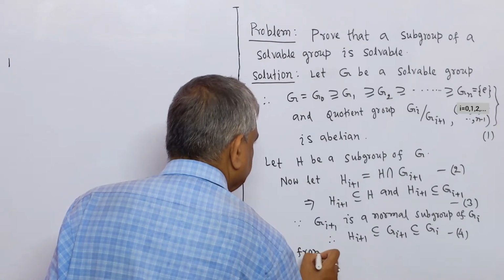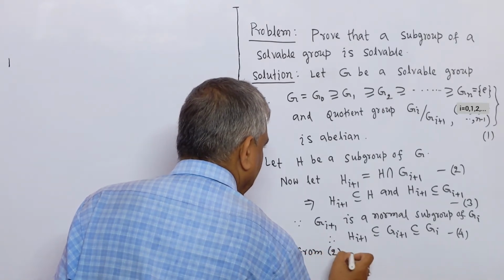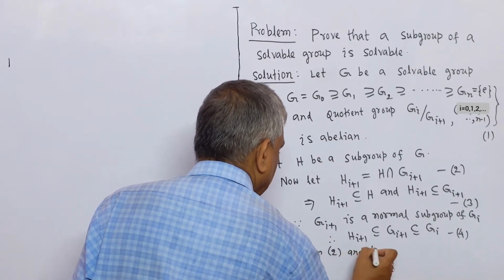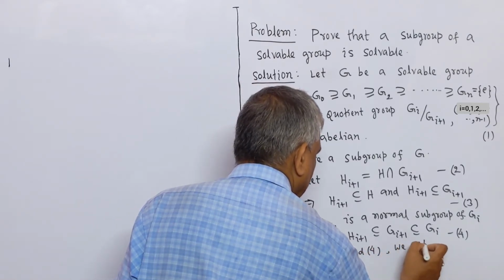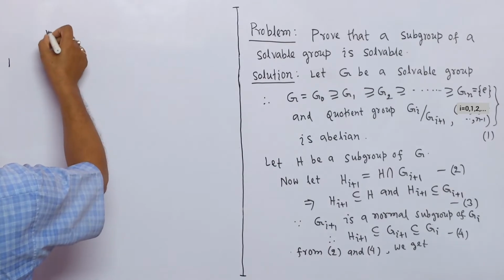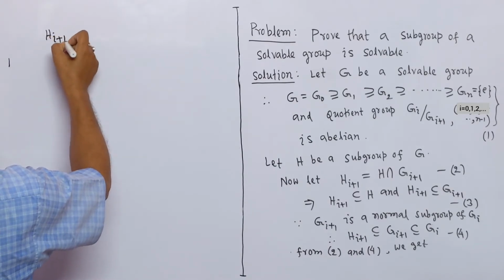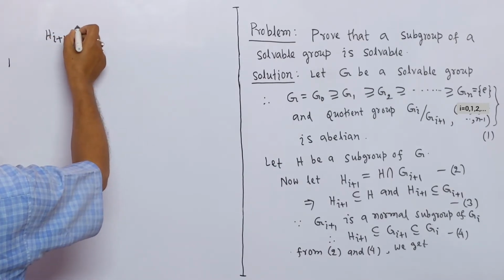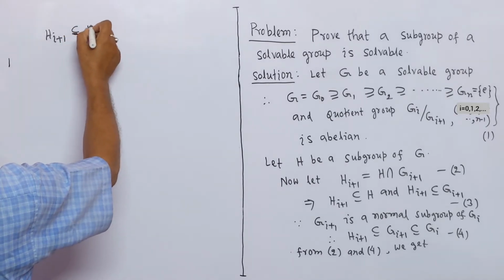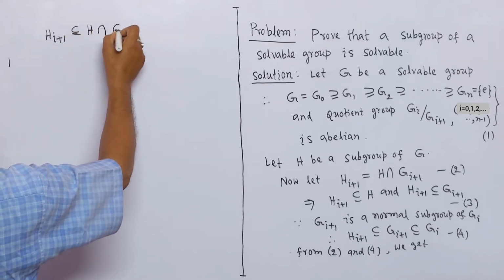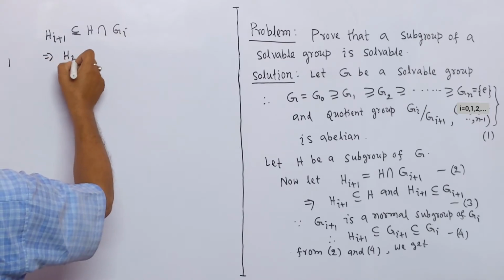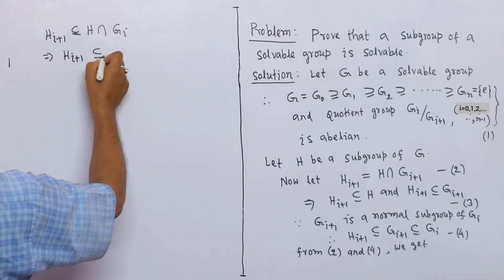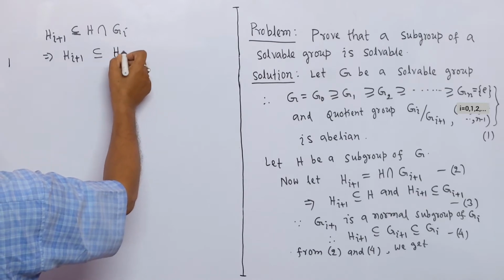From 2 and 4 we get Hi plus 1 is a subset of H intersect Gi, which implies that Hi plus 1 is a subset of Hi.